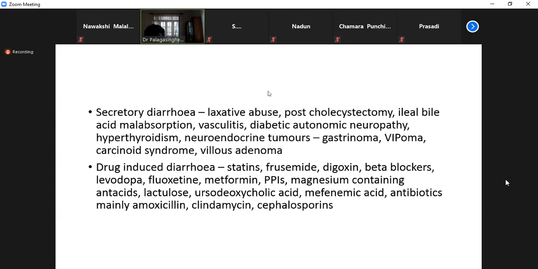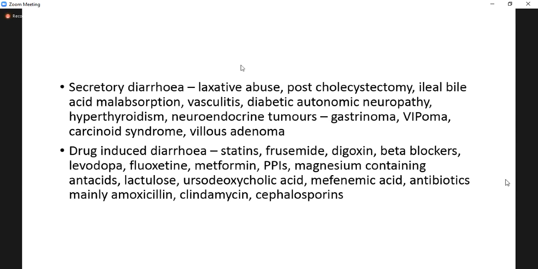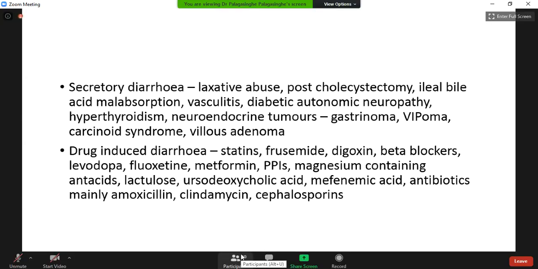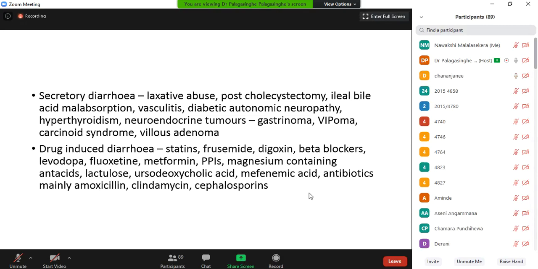Anyone else? What do you mean by VIPoma? I'm not sure, sir. Okay. So who told this? Inhibitory peptide? It's a pancreatic tumor.